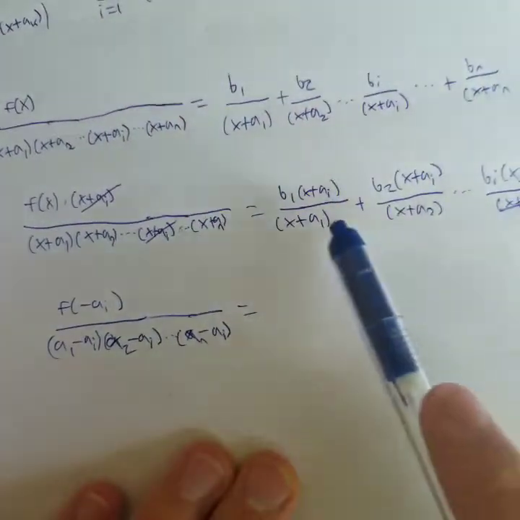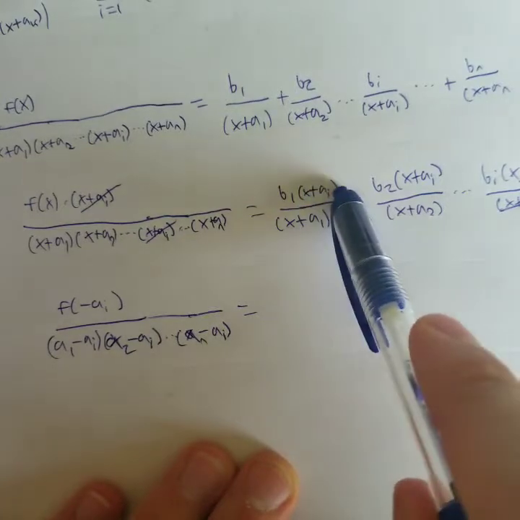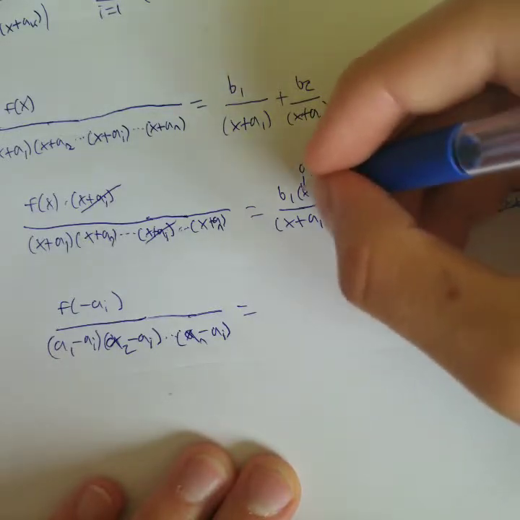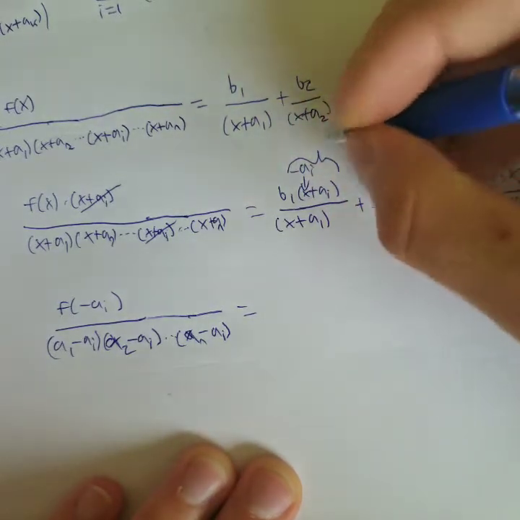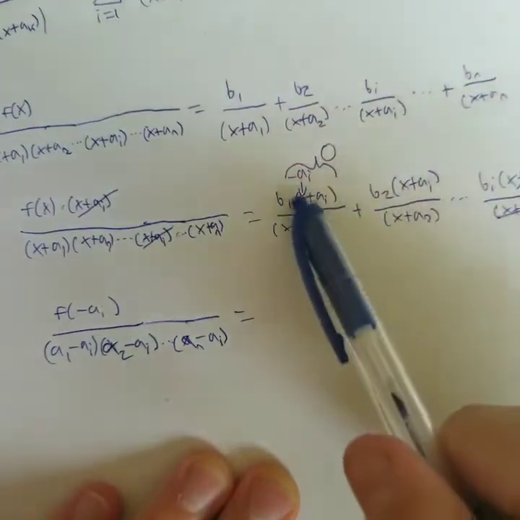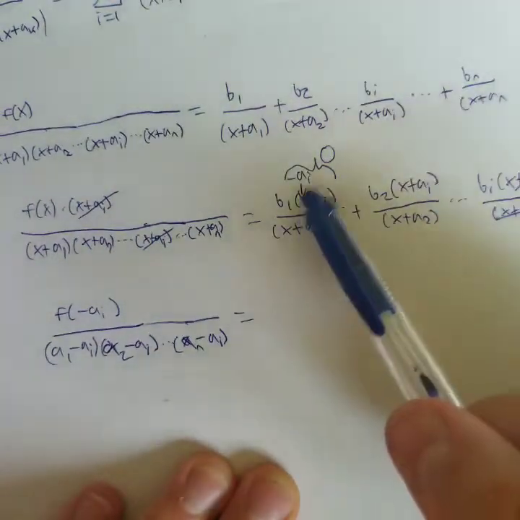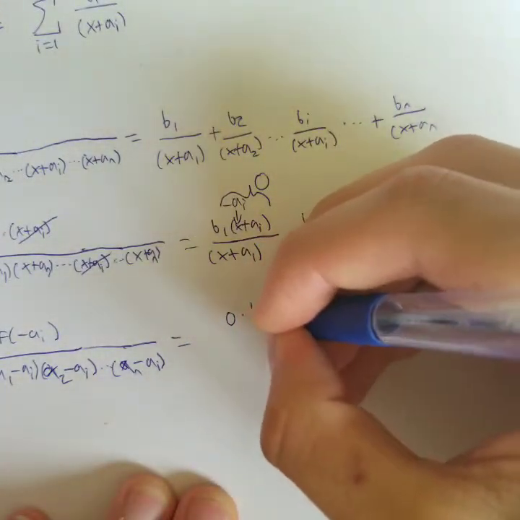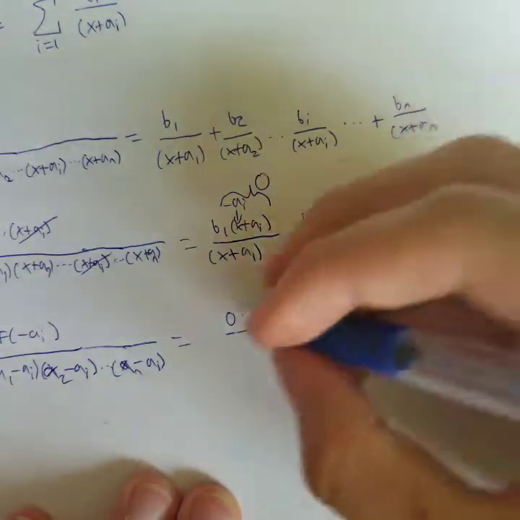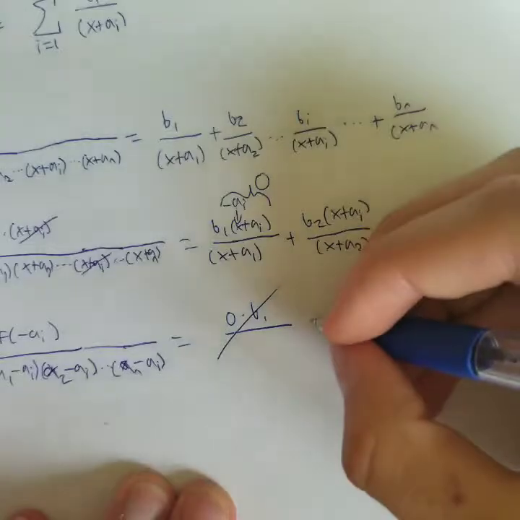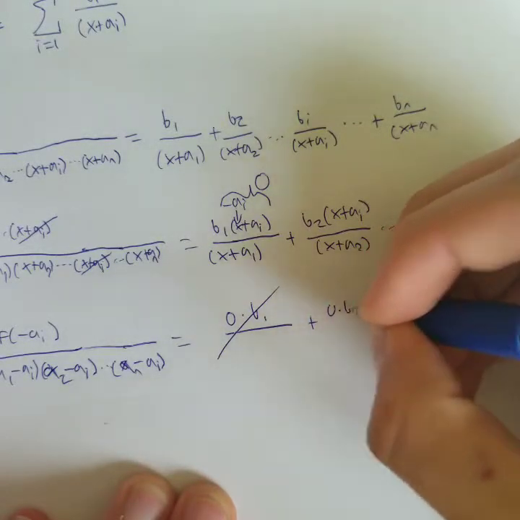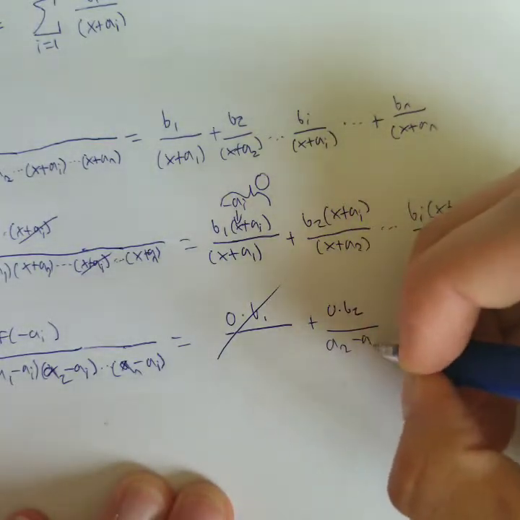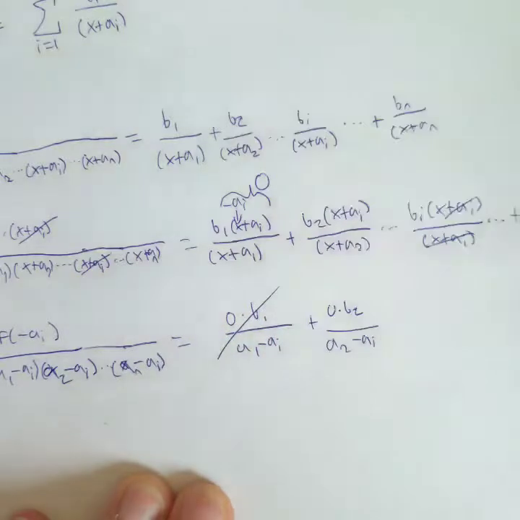This is equal to, if we plug in negative a i into the right side, this factor becomes 0. So it's 0 times b1, which is 0. 0 over x plus a1 will be 0. So you just get 0 times b1, and it doesn't matter what's on the bottom, this entire term cancels out, plus 0 times b2, and so on.